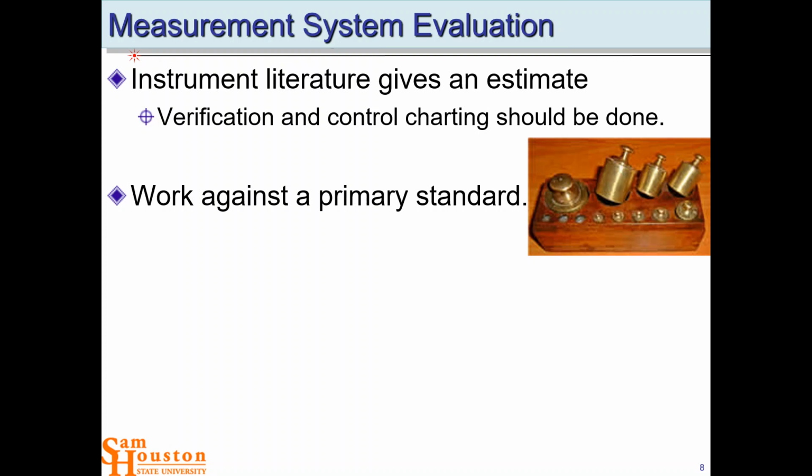What's interesting is that these standards cascade. Mass is typically the foundation. So we use a standard weight to standardize our balance, and then with that balance, we can standardize our pipettes. Say the pipette is supposed to put out 0.1 milliliters.